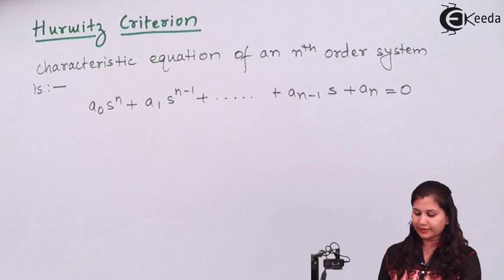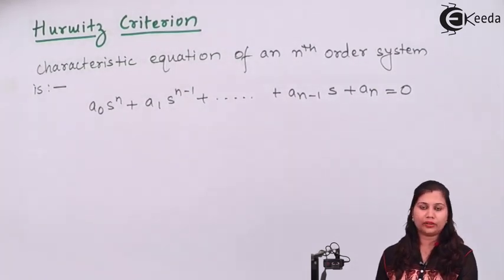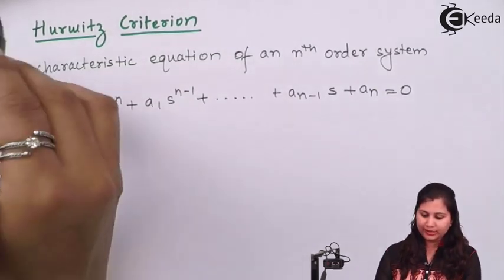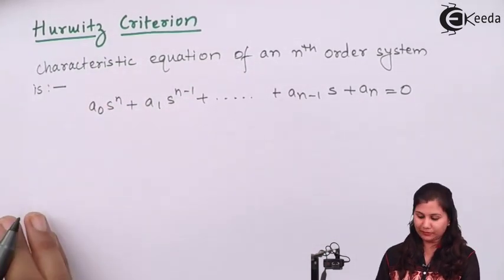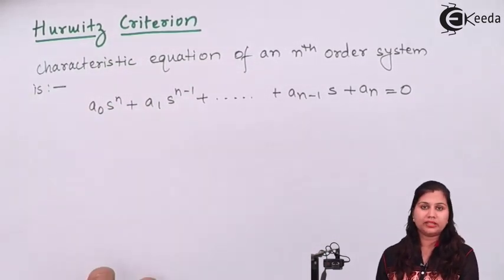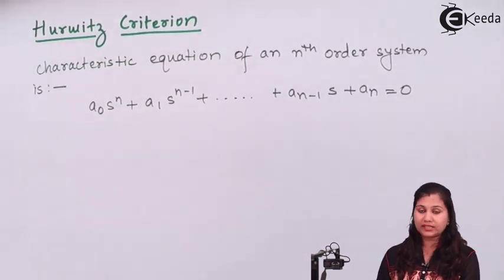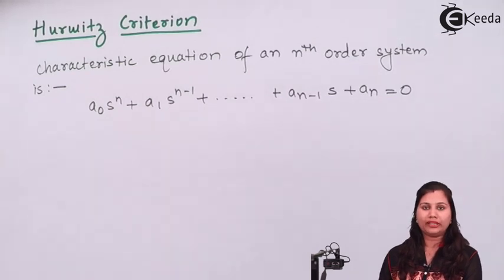So this is the characteristic equation of an nth order system. Now this scientist Hurwitz says that for a system to be stable, the Hurwitz determinants should be greater than 0. And these Hurwitz determinants are the principal minors of the following arrangement.